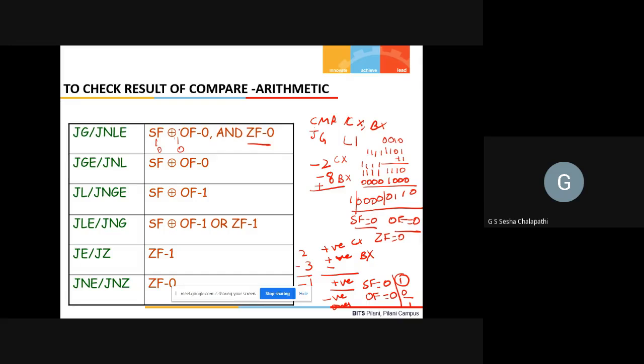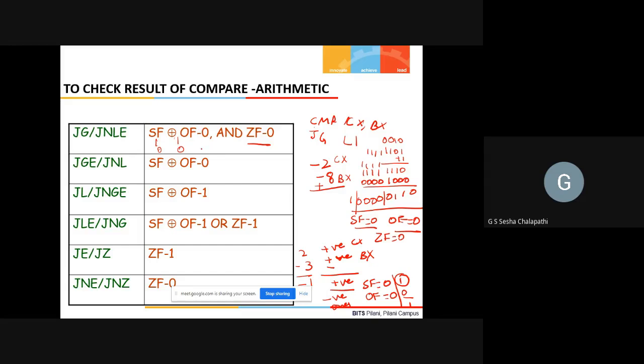So in both positive numbers and negative numbers, we have seen that if the CX value is greater than the BX value, even in the signed way, you will have this particular condition, that is, the sign flag and overflow flag XORing will become 0.